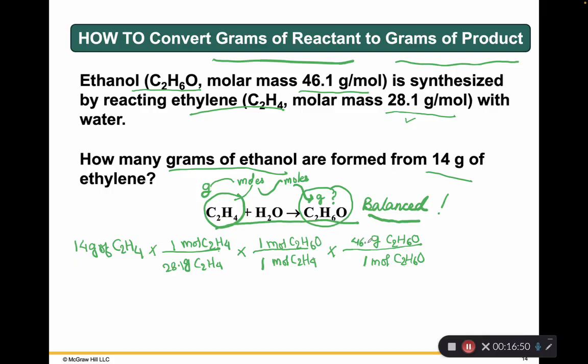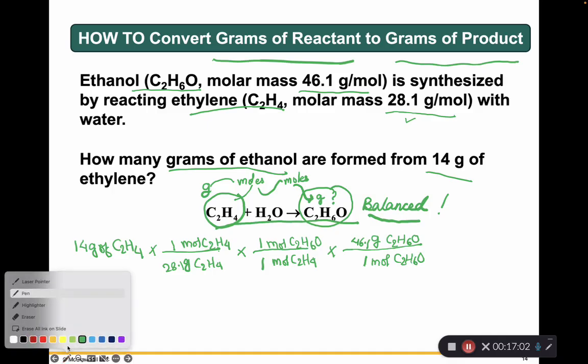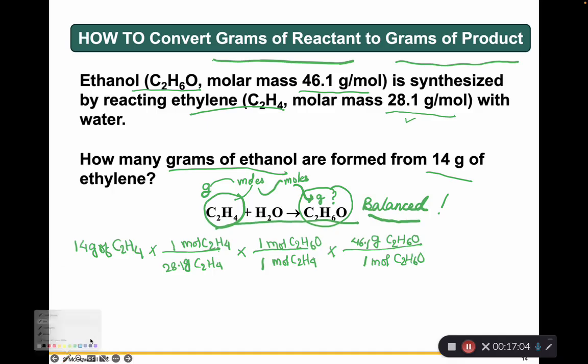We do not have to calculate it ourselves. Now you can see that we are given grams, from grams we convert into moles, from moles of reactant we convert into moles of product, and from moles of product we get the grams of product.